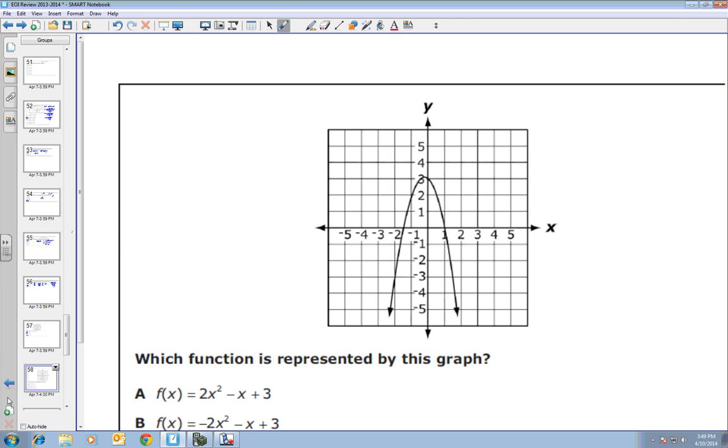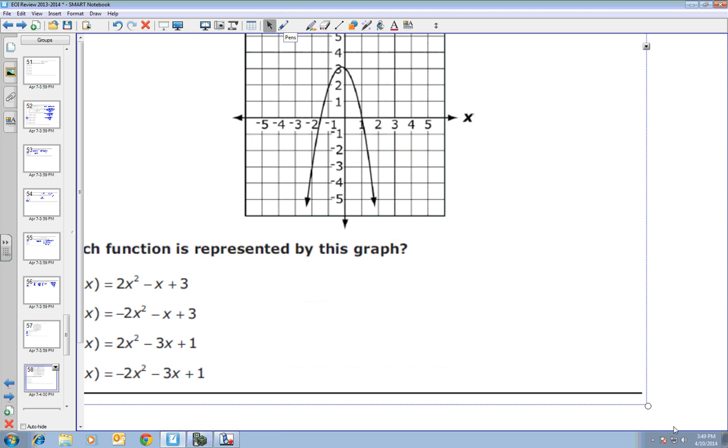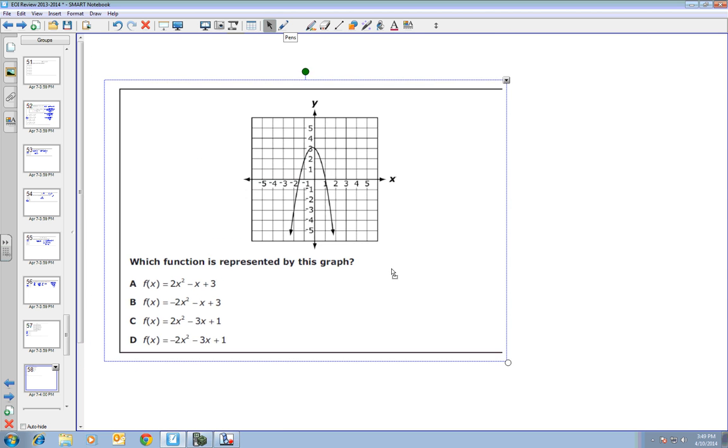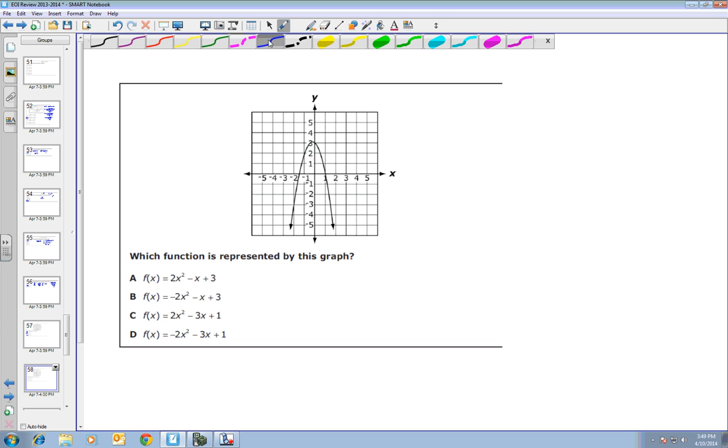All right, which function is represented best by this graph? Okay. So first of all, again, it's pointing down. So I know I need a negative in front, so I can mark out A and C. So I need to figure out which one of these will match up.